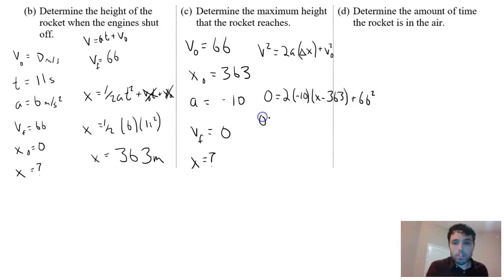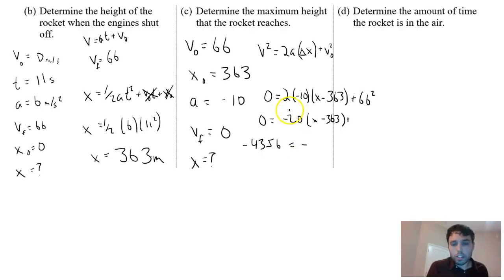So I get 0 equals -20 times (x minus 363) plus 66 squared, which is a pretty big number, 4356. I'm going to subtract that over here real quick to save room, so it's minus 4356. That number came from 66 squared, and I just subtracted it over to the side of the equation.